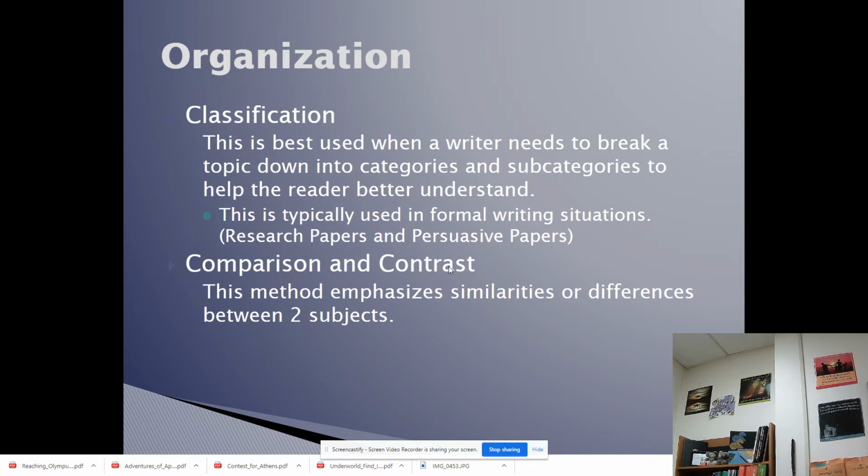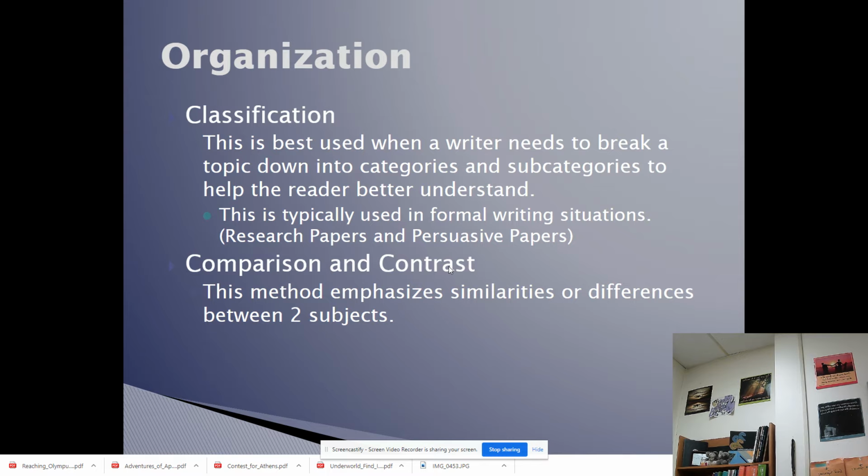Classification. Now, this is best used when a writer needs to break a topic down into categories and subcategories to help the reader better understand. This is used in formal writing situations, research papers, and persuasive papers. Look at this if you were writing a research paper on the effects of schizophrenia on the patient.